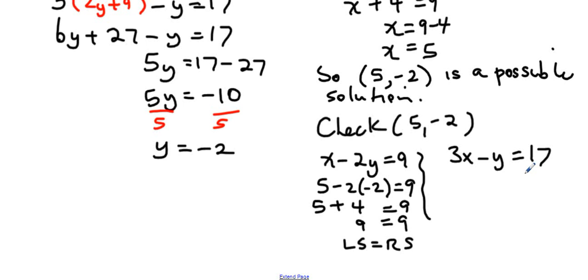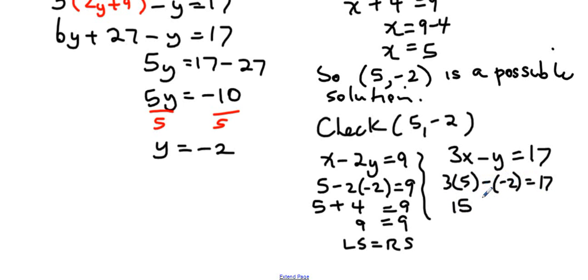3x minus y equals 17, so 3 times 5 minus 2, that's really tricky, equals 17, right? It's minus y, but y was minus 2, so minus minus. Can't write minus minus without separating them with a bracket. So this ends up being 15 when you multiply this.